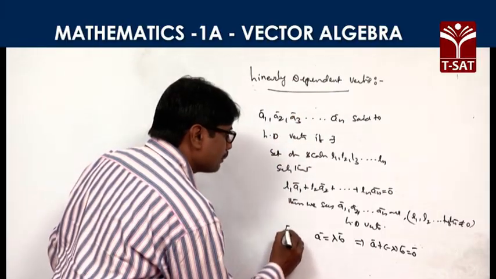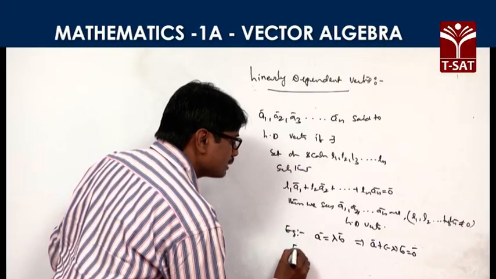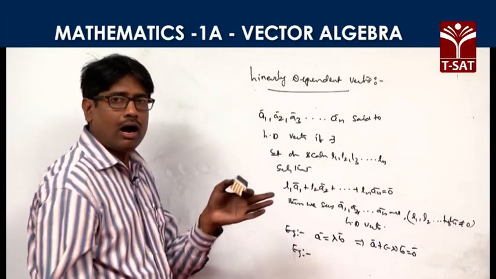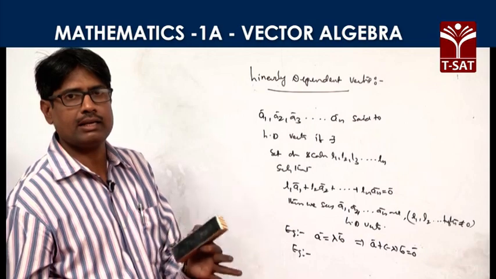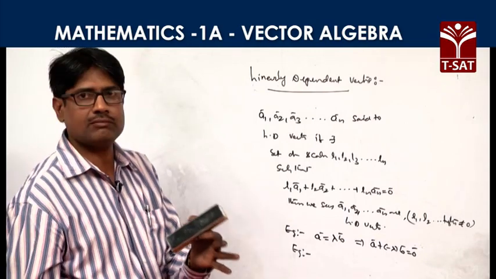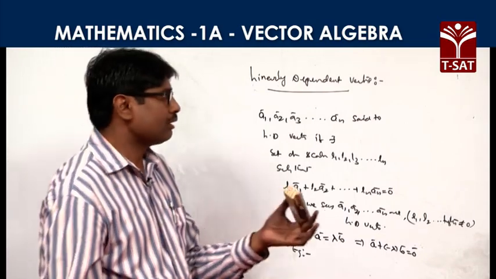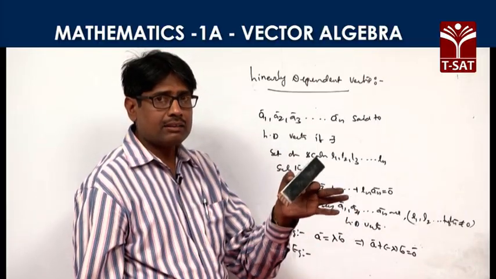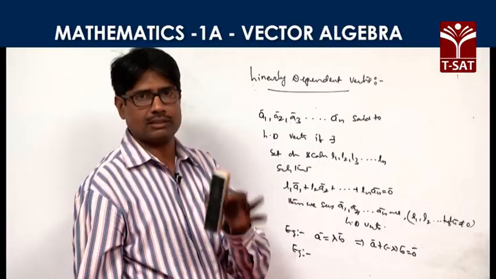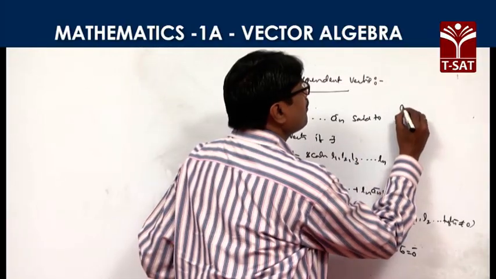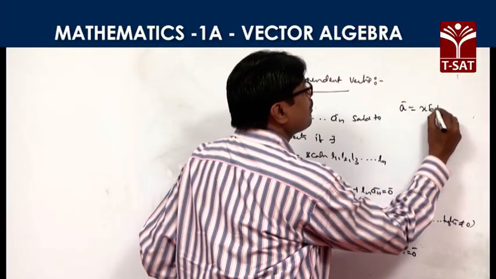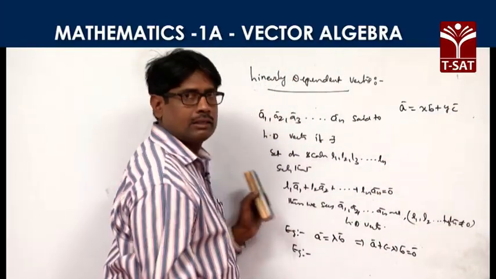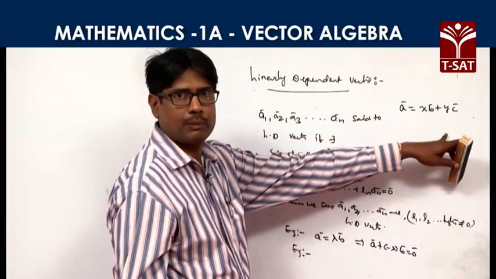Second example: all coplanar vectors are linearly dependent. Just now we have seen that vectors A bar, B bar, C bar are said to be coplanar if one vector is expressed as a linear combination of the other vectors, that is A bar is equal to x times B bar plus y times C bar. Then we call A bar, B bar, C bar coplanar.